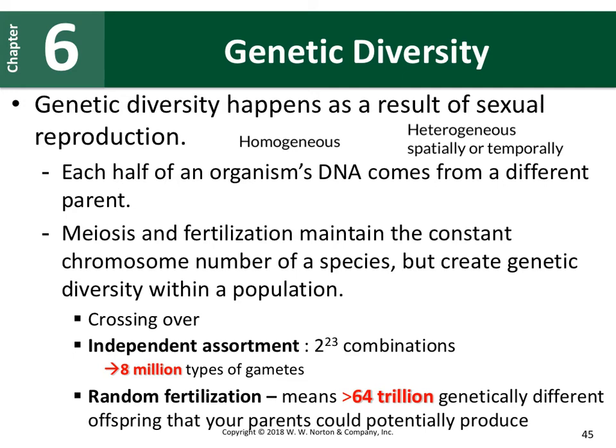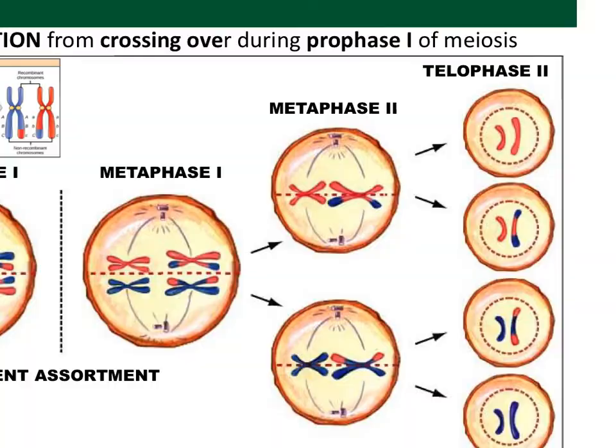So, meiosis occurs in sexually reproducing organisms. Half of an organism's DNA comes from a different parent, generally unrelated. Meiosis and fertilization maintain the constant chromosome number of a species, but create genetic diversity within a population because of all this mixing up from a number of different things, including crossing over, independent assortment, and random fertilization.